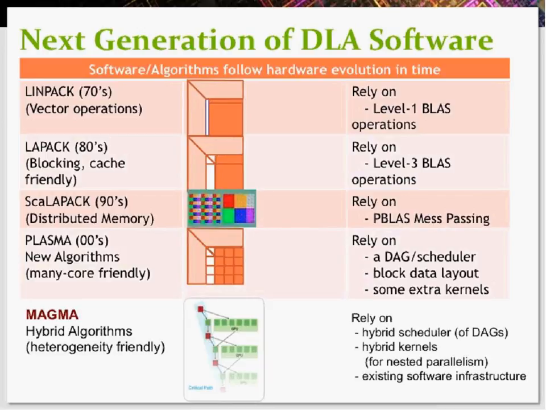Then there was ScaLAPACK, which moved to distributed memory systems, and with the appearance of multicore we started PLASMA in particular. This was started for multicore architectures, and after that we started MAGMA, which is a library to target heterogeneous architectures, adding accelerators such as GPUs.